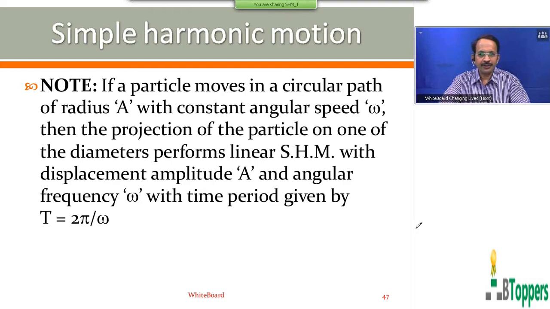So, as I was discussing, it can be shown that if a particle performs uniform circular motion, then the projection of the particle on one of the diameters performs linear simple harmonic motion with the displacement amplitude A. So this is the conclusion.